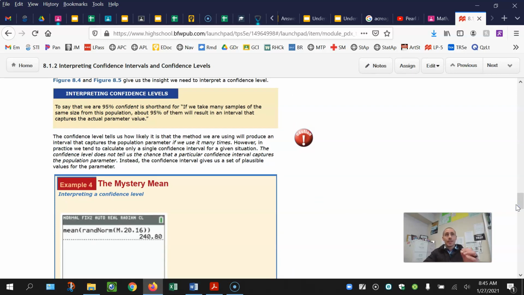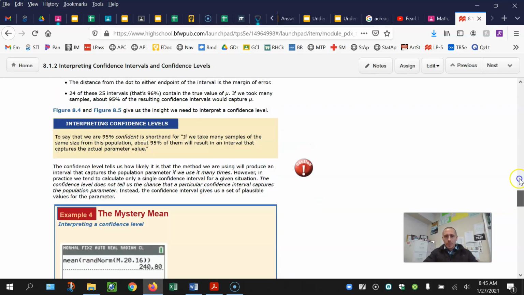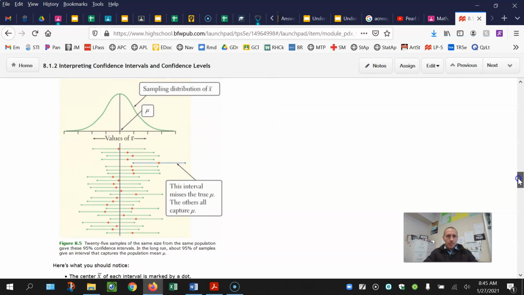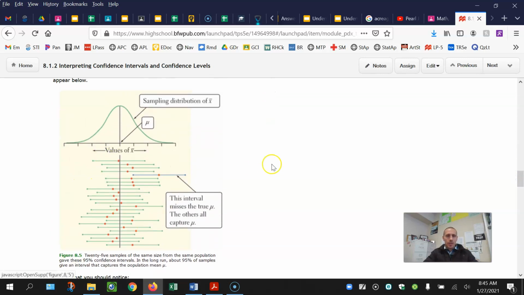Interpreting the confidence level. This is a really nice applet that exists. We'll use it in class, but confidence level is if we do repeated sampling, what percent of those confidence intervals that we create, as you can see here, will capture the parameter. The parameter here is this line.